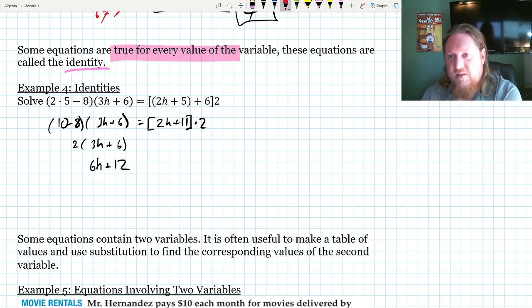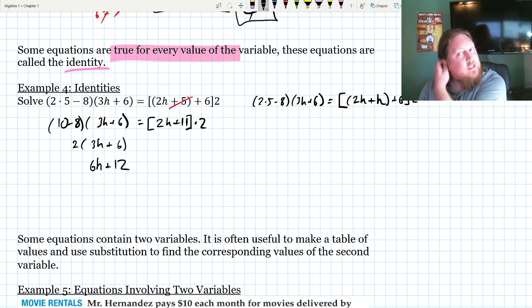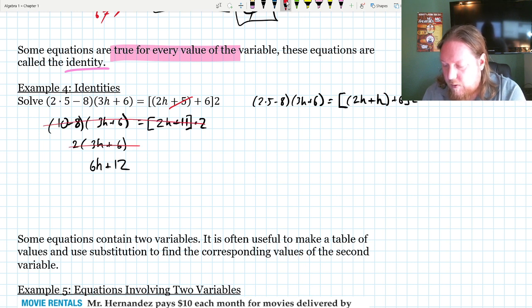So instead of erasing everything, because I've already done a bunch of work, and I know that part is written incorrectly, I'm going to go back and do 2 times 5 minus 8, 3h plus 6 equals 2h plus h plus 6 times 2. Now, you can see I did fix that one part. And I'm going to do a simple line through all this other work to show that that's all incorrect work.